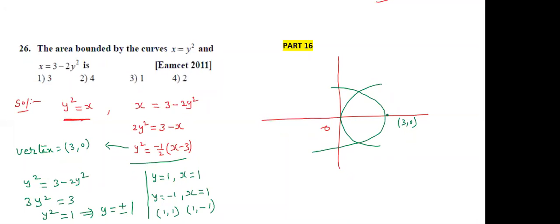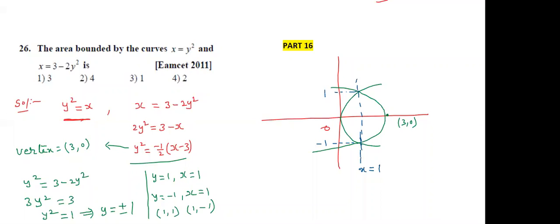Now see here, this line is x is equal to 1. And this point is minus 1 and this point is plus 1.